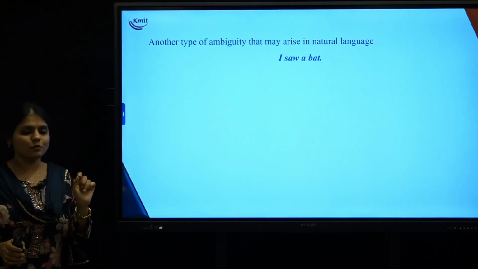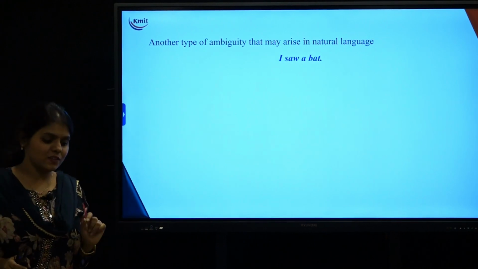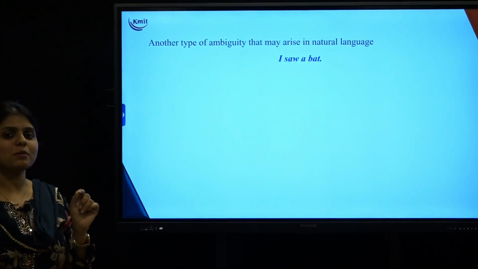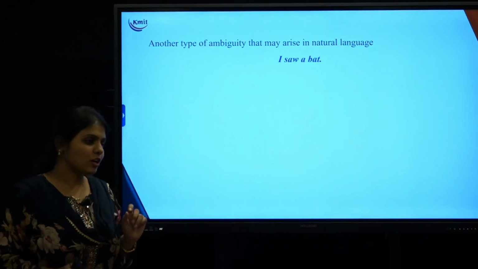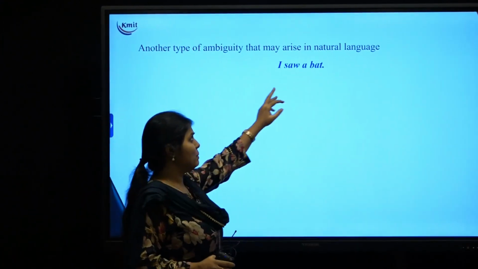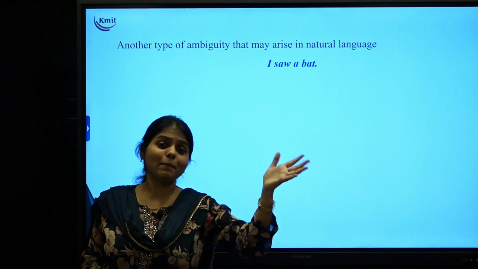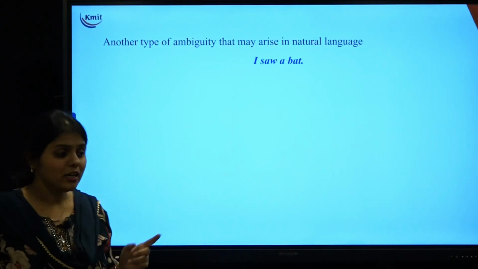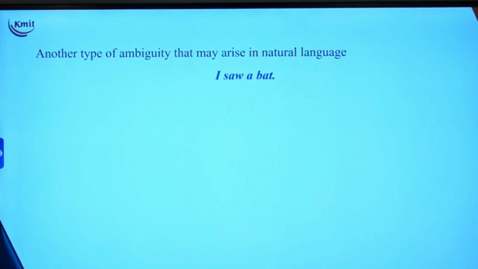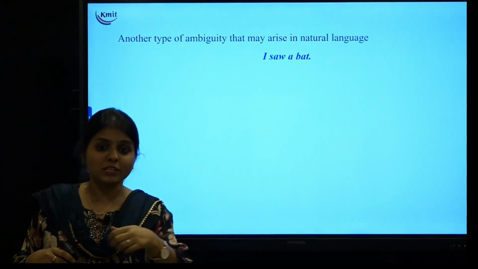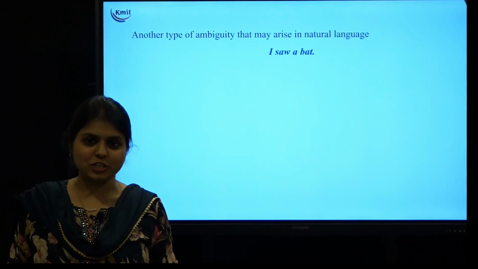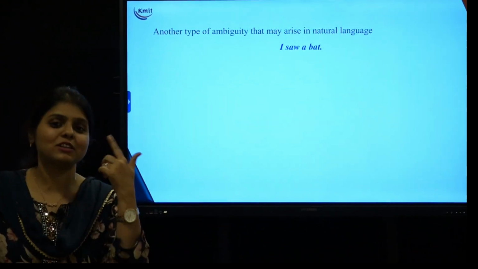Coming to the next ambiguity, let us see another sentence which says, I saw a bat. Now I have multiple meanings for bat: the mammal bat or the cricket bat. And for saw also, I could have used some tool to saw that bat to make it into a shape, or I saw the bat with my eyes.